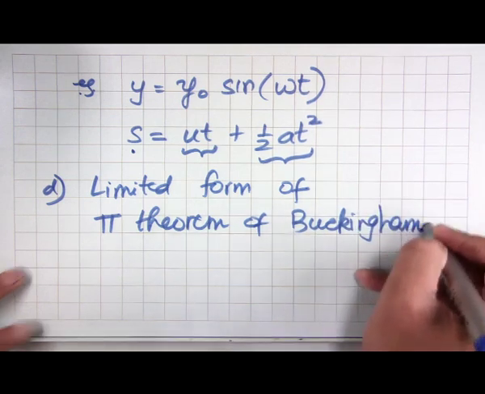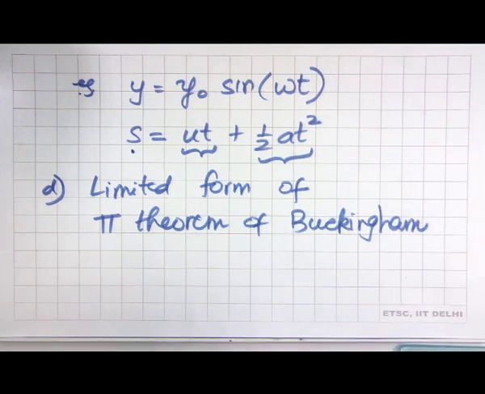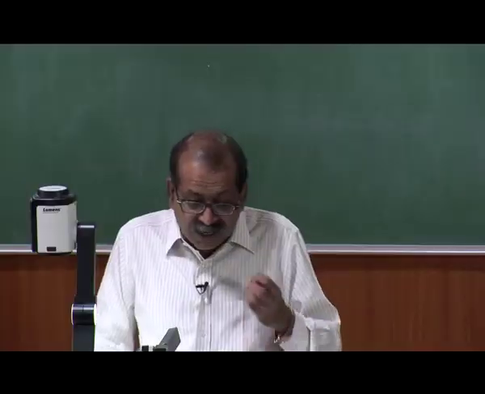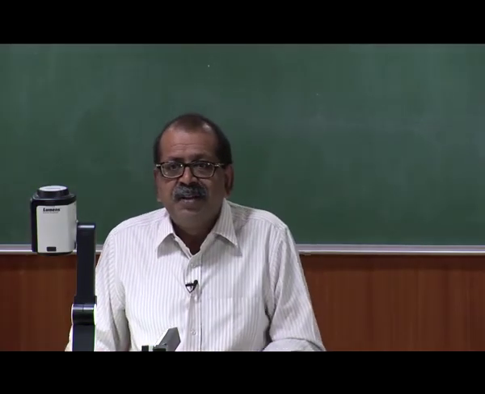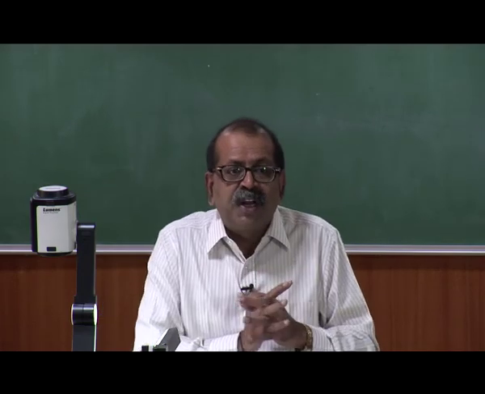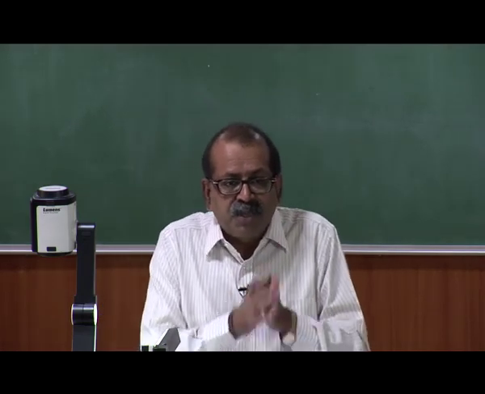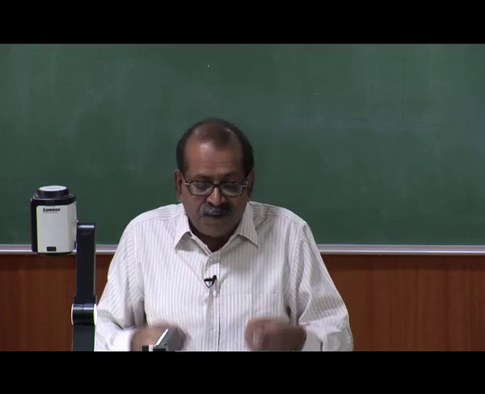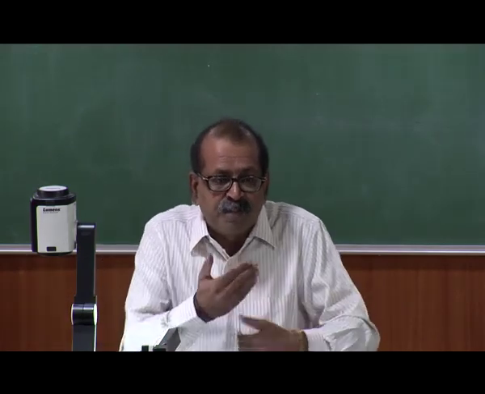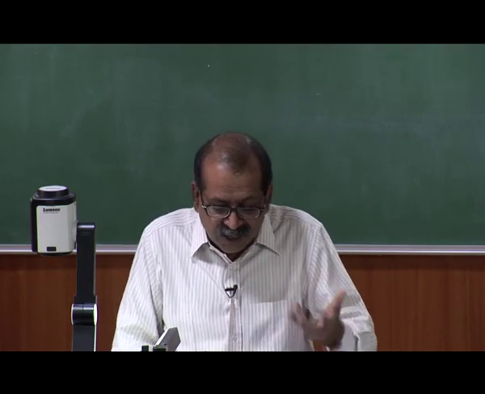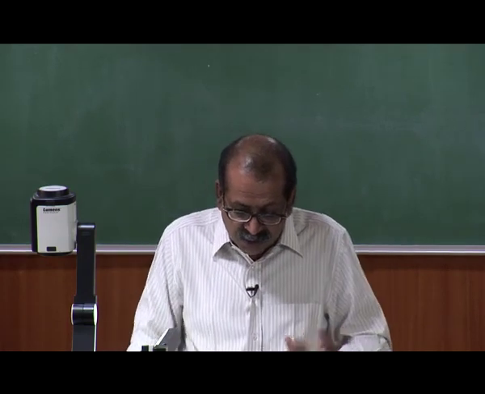What we have done here is basically a limited form of this theorem. Because as we have seen, if there are three basic dimensions in a problem, then we can only find relations up to 4 variables at most, and sometimes even that may not be possible if there are only 2 basic dimensions appearing, or if in some combinations the dimensions cancel out.